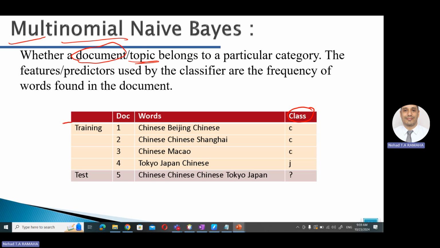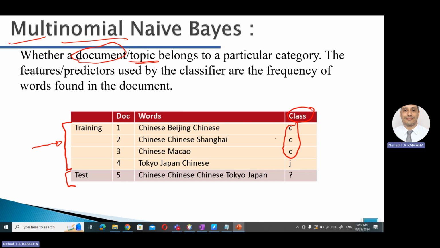It has 2 parts: training and test. So we will use this training set. As you can see, it's already labeled because we speak about which type of learning?